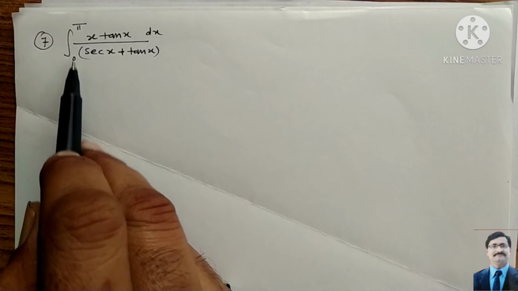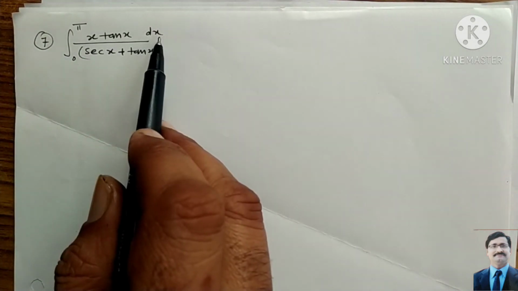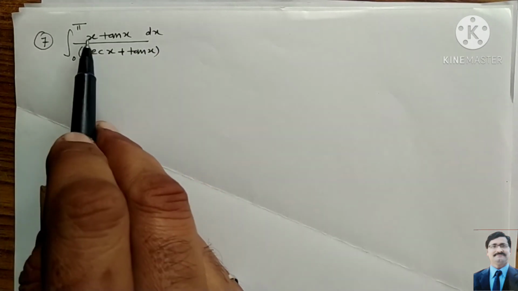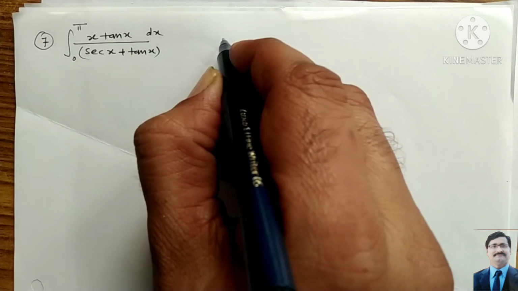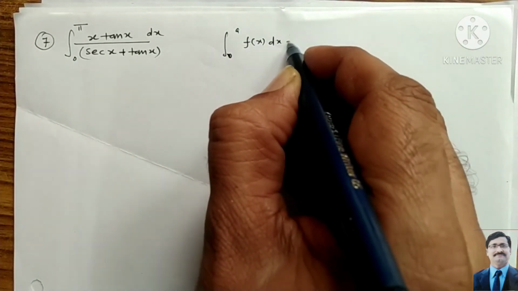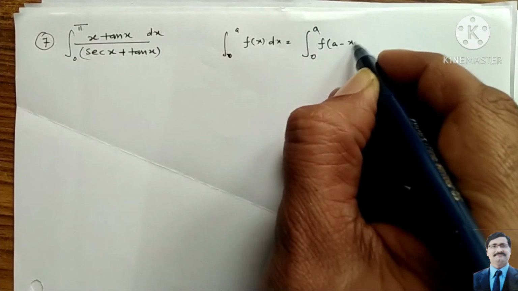Look at this question: integral from 0 to pi of x tan x dx upon sec x plus tan x. Here we will first use the formula: integral from 0 to a of f(x) dx equals integral from 0 to a of f(a minus x) dx.